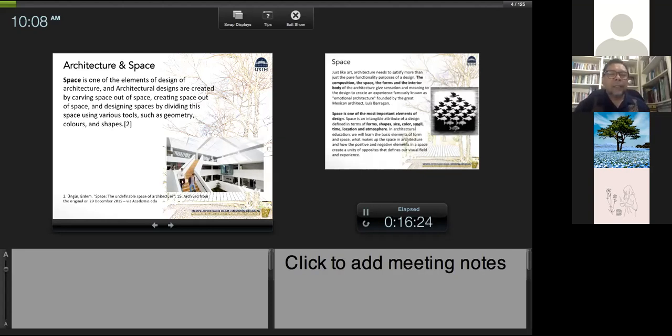Architectural designs are created by carving space out of space. You are going to carve the empty land where we already selected the site. You will carve space out of space, creating space out of space, and designing spaces by dividing this space using various tools such as geometry, colors, shapes, whatever tools you will use.